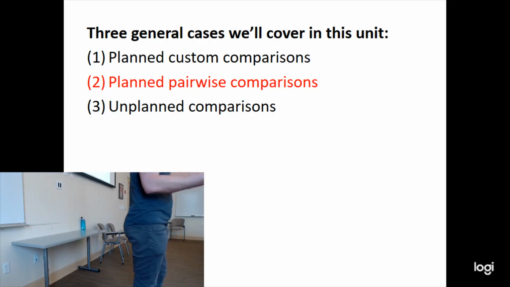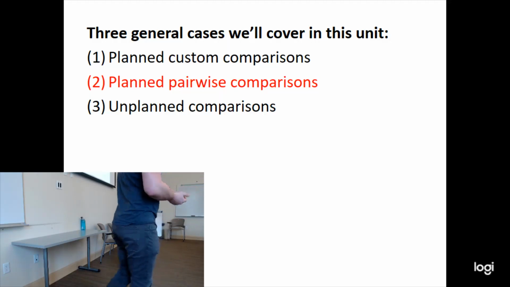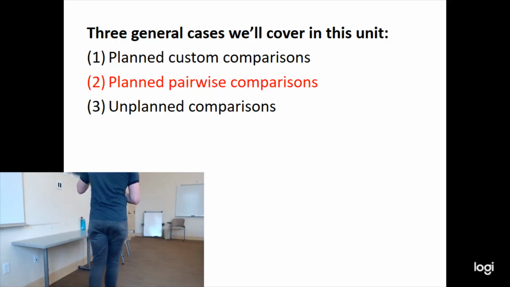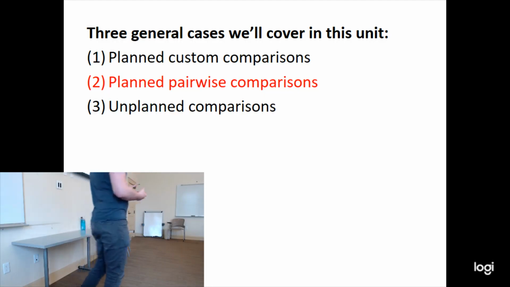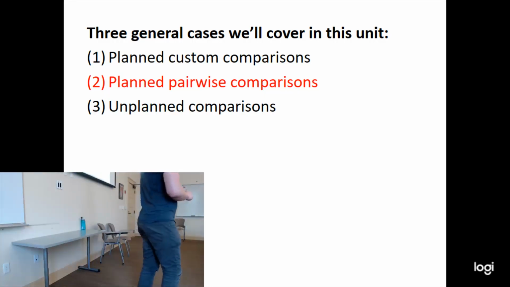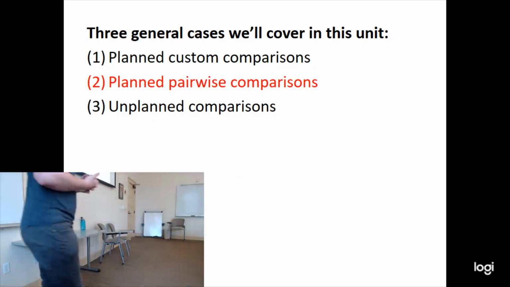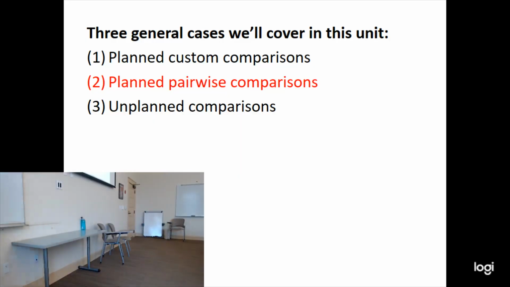But you have the tools that you need to handle that specific case. So we're moving on to the second case, which is still, you still have some planned comparisons that you're interested in. But they're no longer going to be represented by custom contrasts. And I'll show you a couple of the differences as we go through the unit.